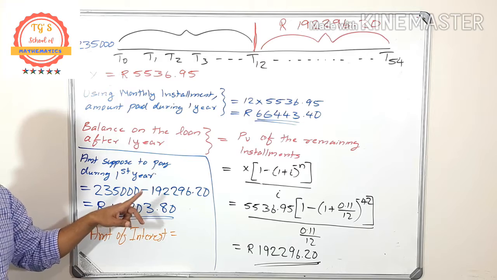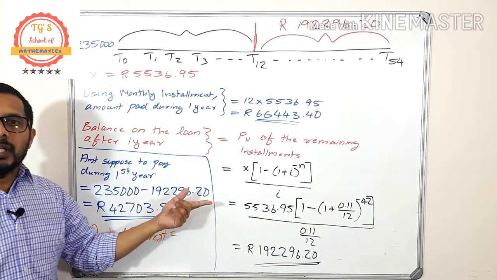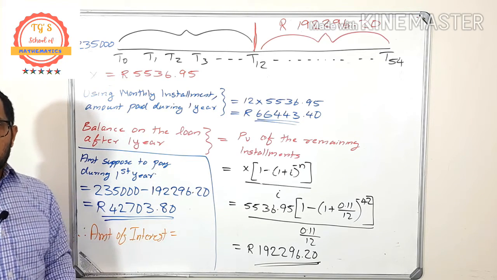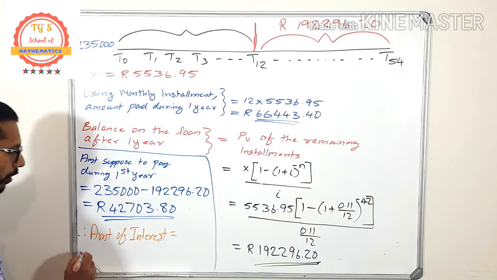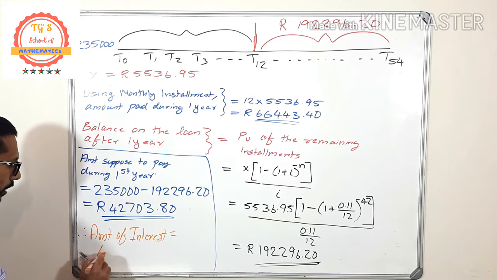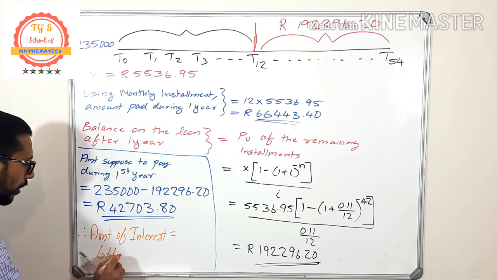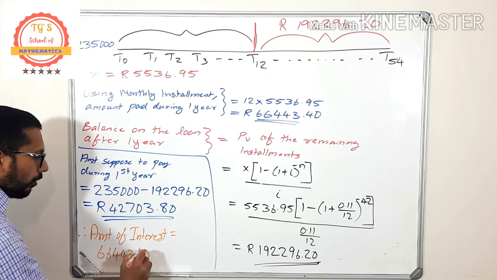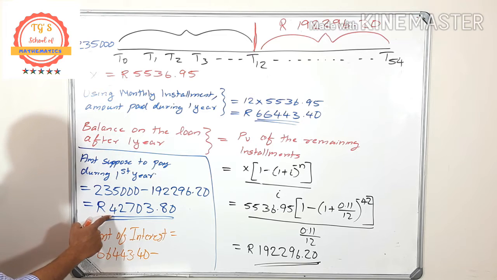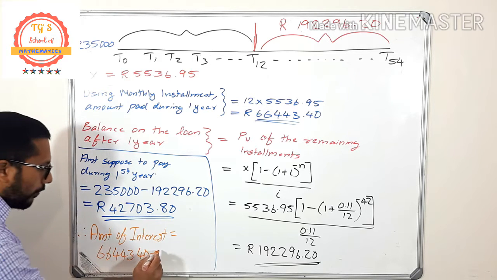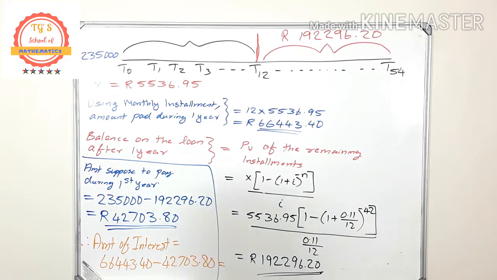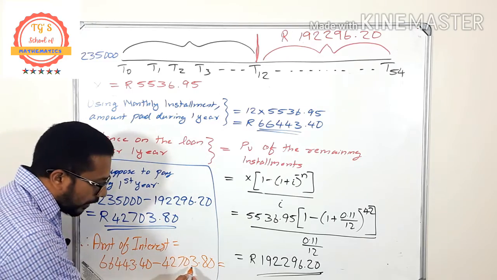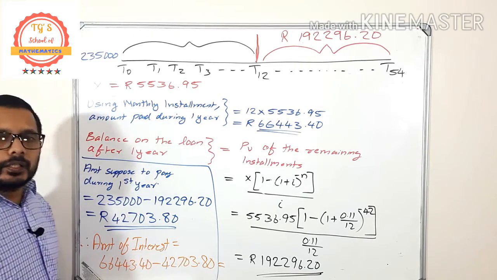It means that the extra amount that he paid is the amount of interest. So 66,443.40 minus the actual amount he is supposed to pay after 1 year, 42,703.80.